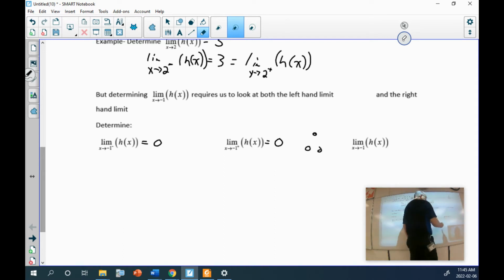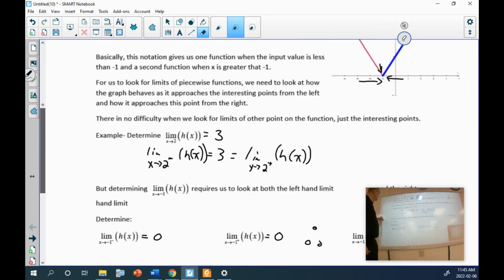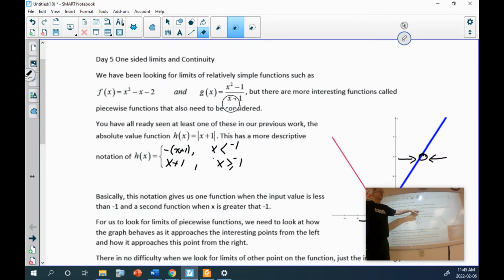Therefore, the limit as x approaches -1 is 0 because both the left-hand side limit and the right-hand side limit agree. Not all functions do that. We can also look at maybe something like this function here. If we were to look at this function from the left-hand side and the right-hand side at -1, we would find that this does exist in this case, but in some cases maybe they won't. Okay, this one does exist, we did that earlier.